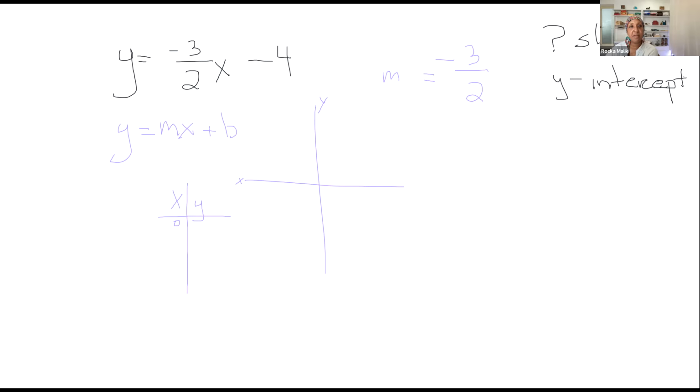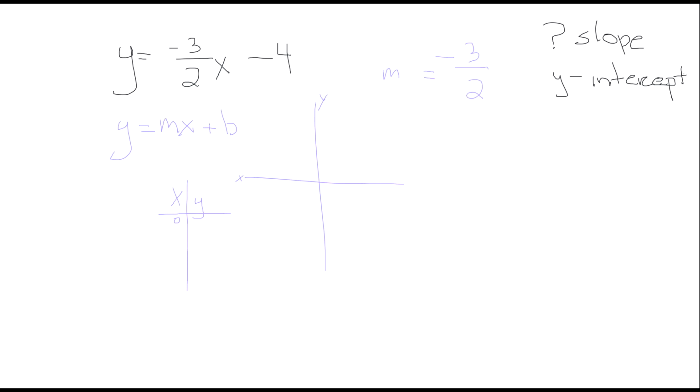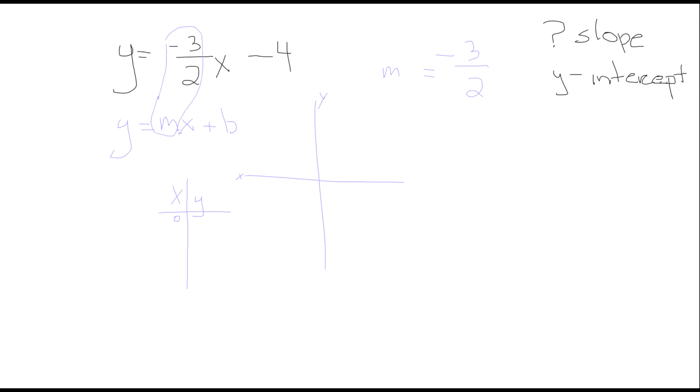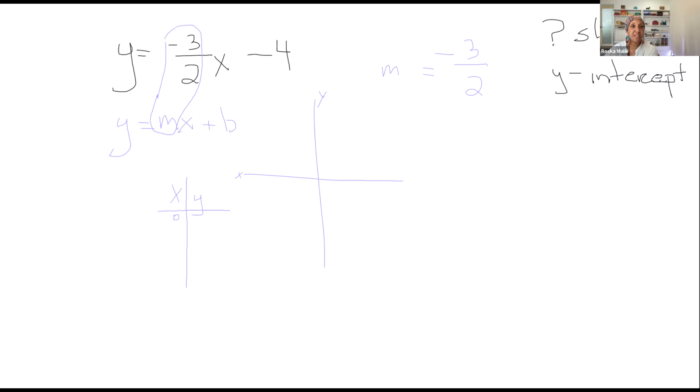Look at this formula here. Can you explain that again? I'm confused. Okay. This is my line. I didn't draw my line yet, right? I know it's going to be somewhere looking downhill. This right here is what's called my y-intercept.